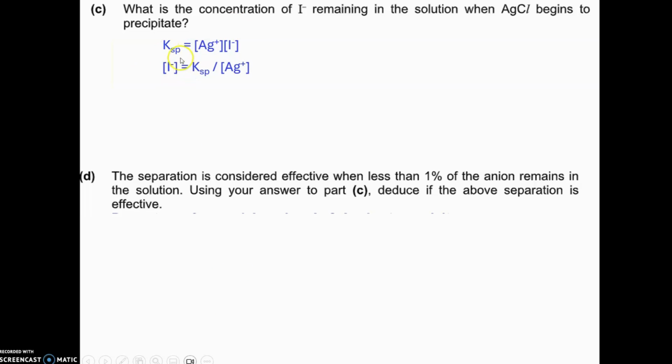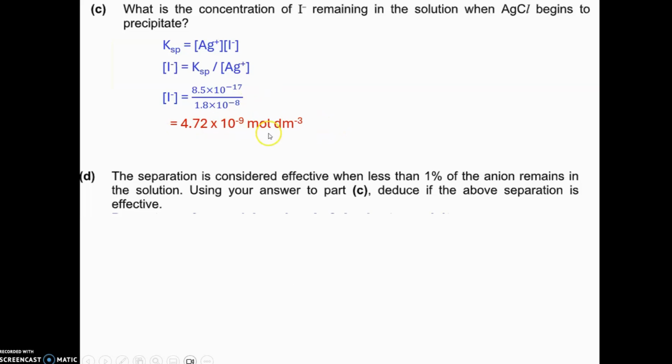So the concentration of I minus, where AgI does not precipitate, is KSP divided by the silver ion concentration which you obtained in part B, which would be the 8.5 times 10 to the power negative 17, the KSP of AgI, divided by the silver ion concentration in part B, which is 1.8 times 10 to the power negative 8 mole per dm cube.